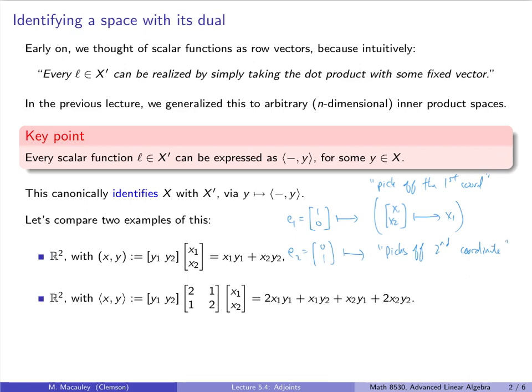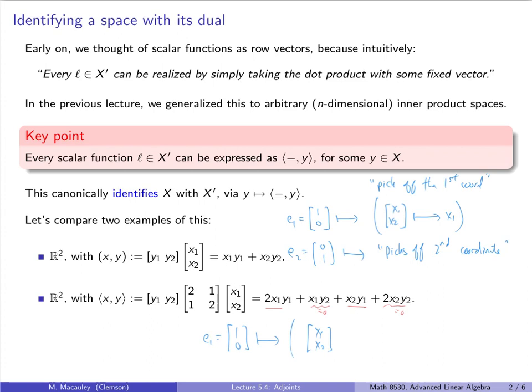Let's compare what these things get mapped to under this identification with this inner product. So E1 down here is 1, 0. And that gets mapped to the linear function that, let's see, when y1 equals 1 and y2 equals 0, then these two terms go away, and we are left with these two.